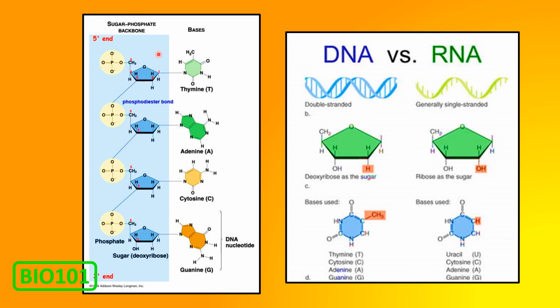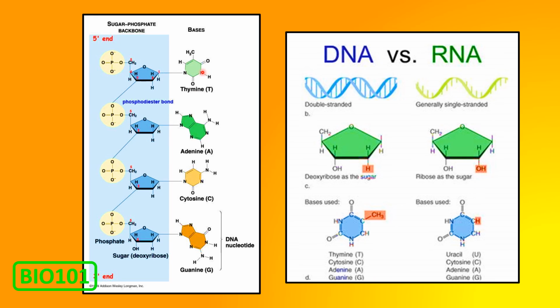That's the pentose sugar connected to its phosphate group, and that never changes. Whether you're talking about DNA or RNA, that's not going to change. What does change are the bases out here. Remember, the bases are attached to carbon number 1 of the sugar. Those are phosphodiester bonds. I think I mentioned that.